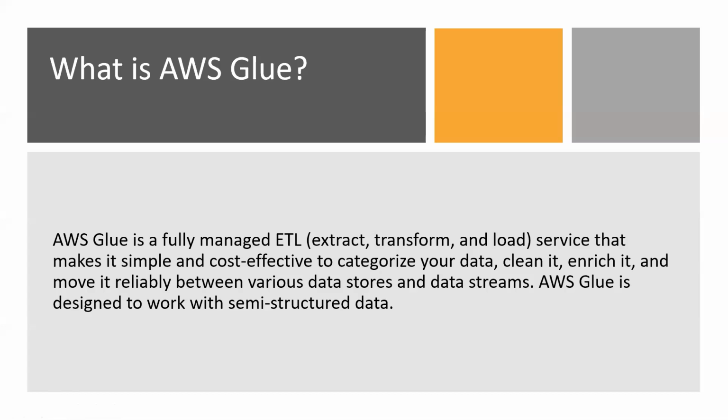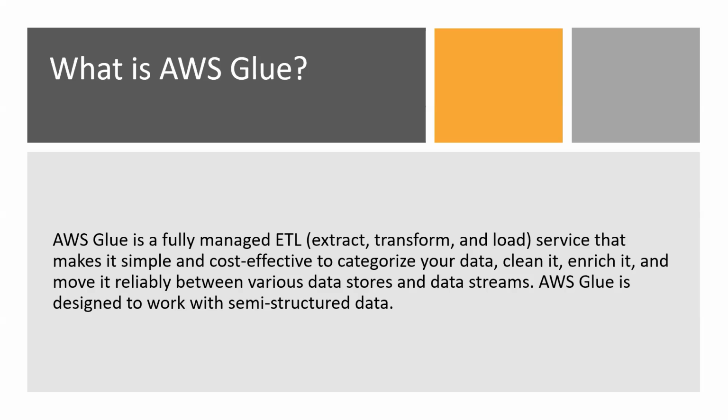AWS Glue consists of a central metadata repository known as the AWS Glue Data Catalog, an ETL engine that automatically generates Python or Scala code, and a flexible scheduler that handles dependency resolution, job monitoring, and retries. AWS Glue is serverless, so there is no infrastructure to set up or manage.